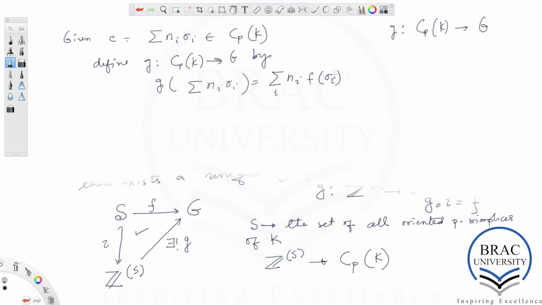We are given this function f from all oriented p-simplices to the abelian group G.